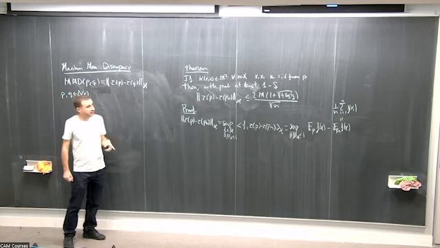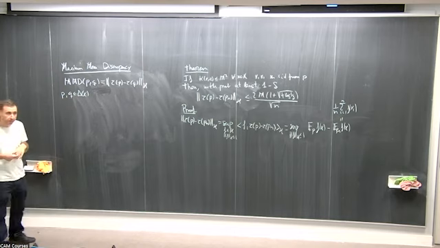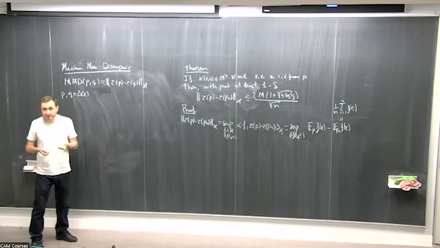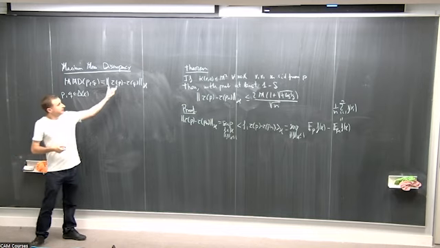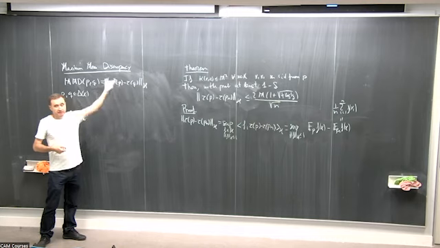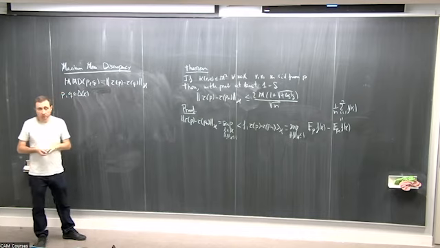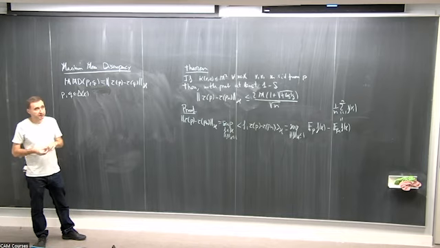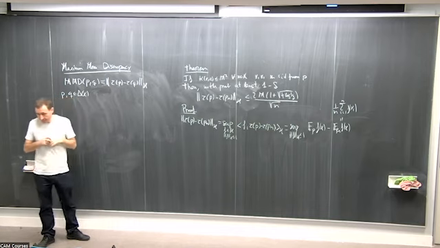But if the kernel is rich enough, for instance, if the kernel is universal, I think I mentioned yesterday, the embedding is an injective function, so that this is an actual distance. This can only be zero if P is equal to Q. It's not totally necessary that the kernel is universal to have that the embedding is injective.